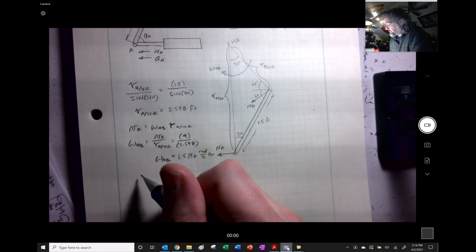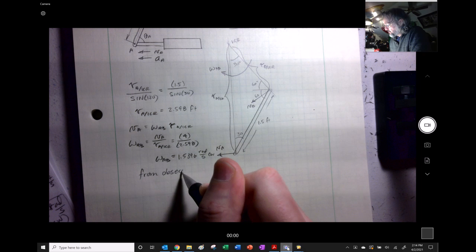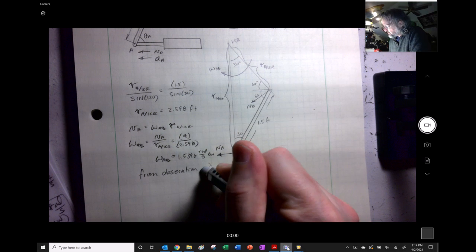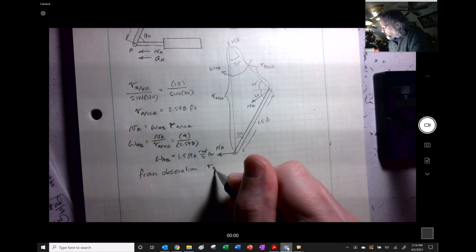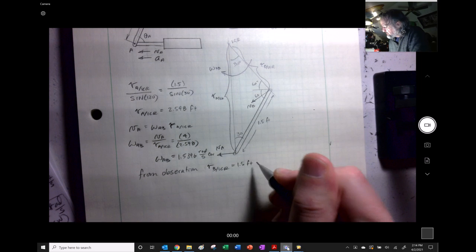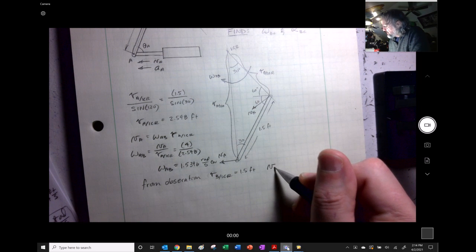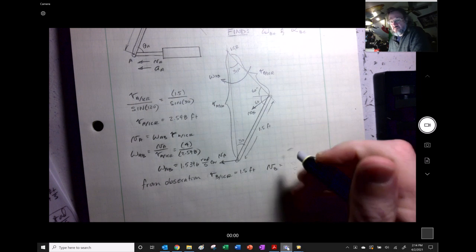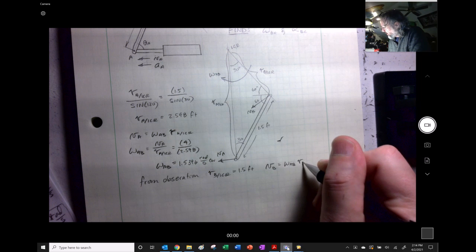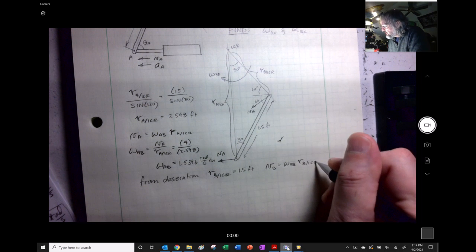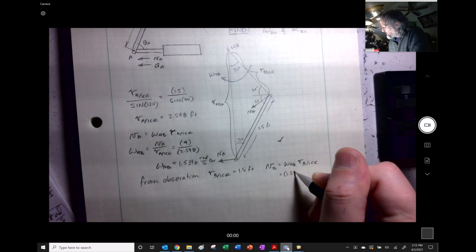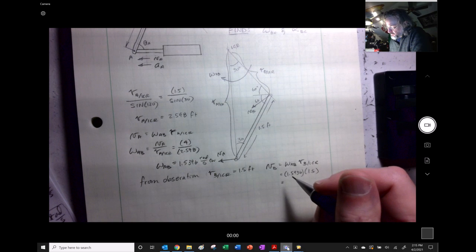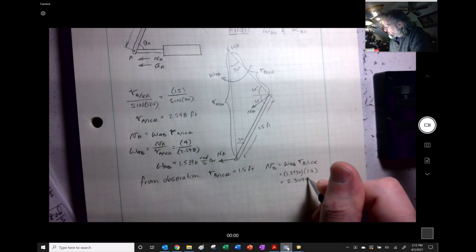And we can also, from observation, RB with respect to ICR is equal to 1.5 feet, and therefore the velocity of B is equal to omega AB times RB with respect to ICR, which is 1.5396 times 1.5, which means that VB is 2.3094 feet per second.